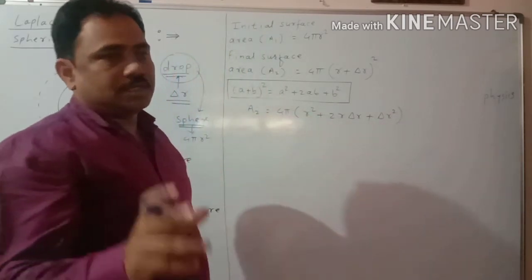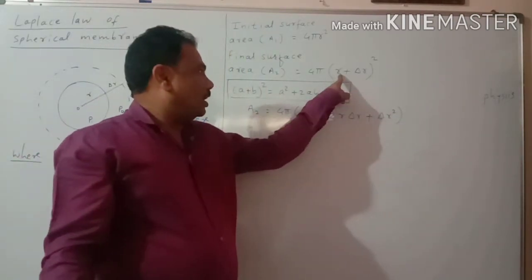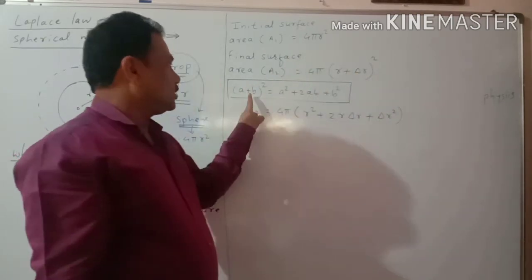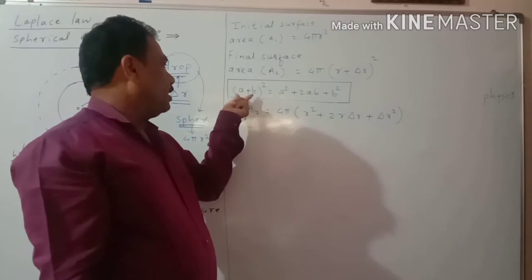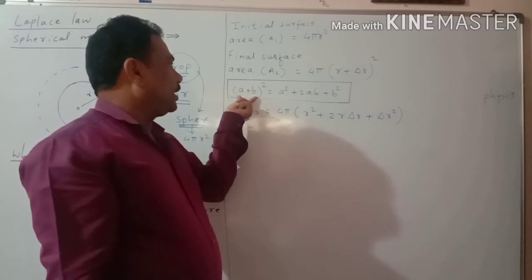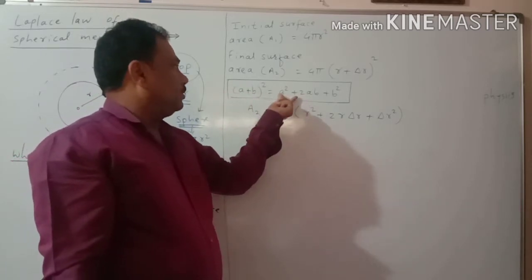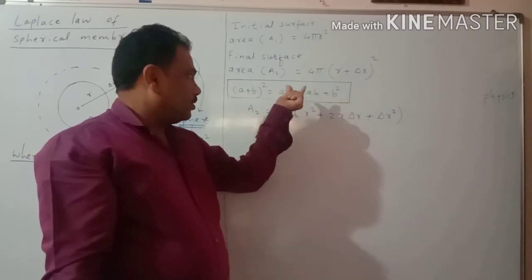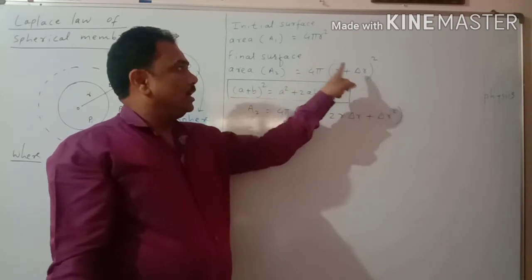Here small r is a and delta r is b. We have the formula a plus b whole square is equal to a square plus 2ab plus b square, so just apply this formula in this case.